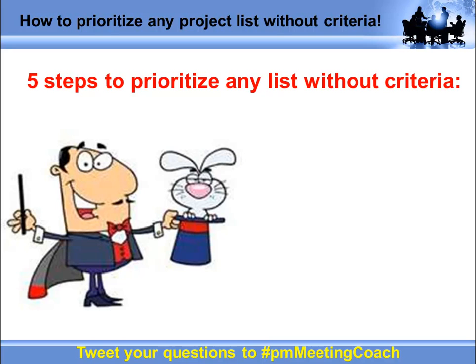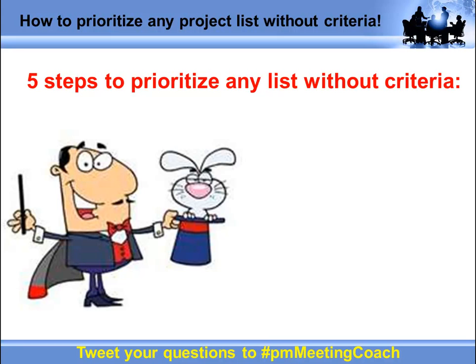I've done consulting and facilitation on hundreds and hundreds of projects, and I've helped project teams prioritize. And I eventually worked with some of my colleagues to come up with this process when we had trouble ranking our portfolios because we couldn't agree to criteria. So this is the result of that frustration that I had after years and years of experience working with project managers who didn't have the criteria to rank their list.